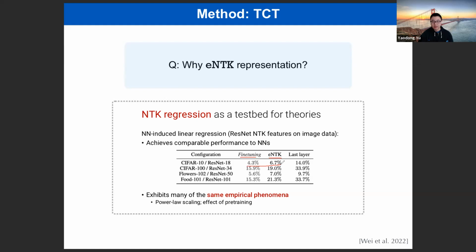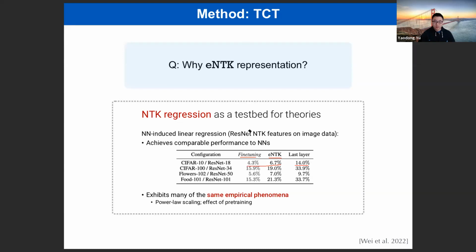If you just do last-layer retraining, there's still a pretty large gap between fine-tuning and last-layer training. But if you use the ENTK representation, the gap is much smaller. Note that here the network is an ImageNet pre-trained model. If you're using a randomly initialized model, the ENTK is not very effective.